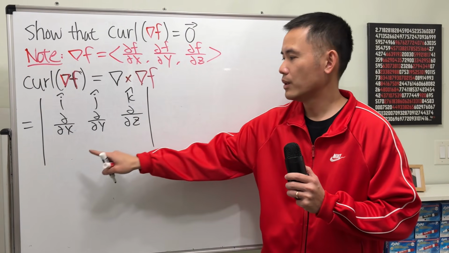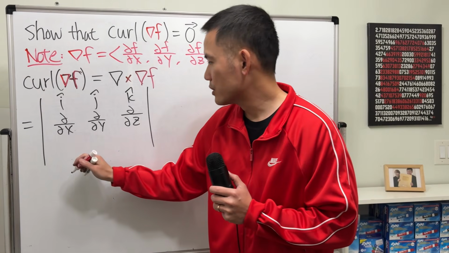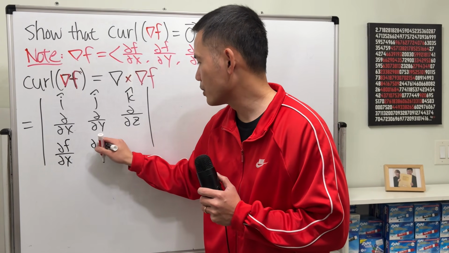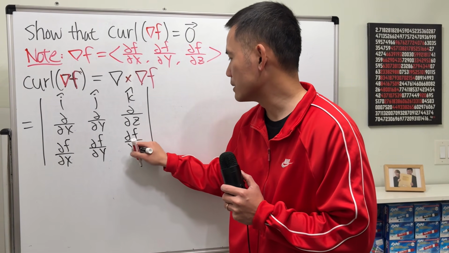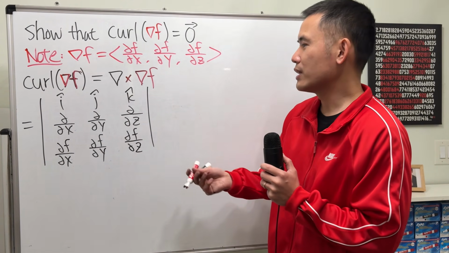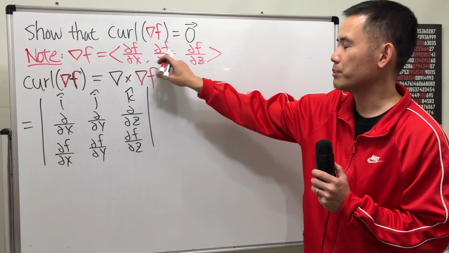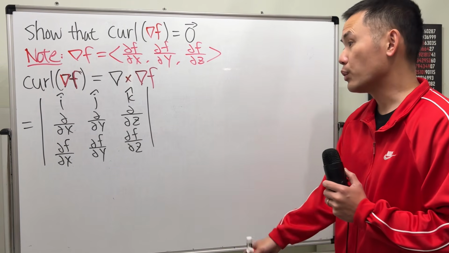Lastly, for the third row, we have partial of f with respect to x, partial of f with respect to y, partial of f with respect to z. And of course, I should really mention that we have to make sure that our little f and also the partial derivatives are nice enough, continuous and all that stuff. But anyways, here we go.